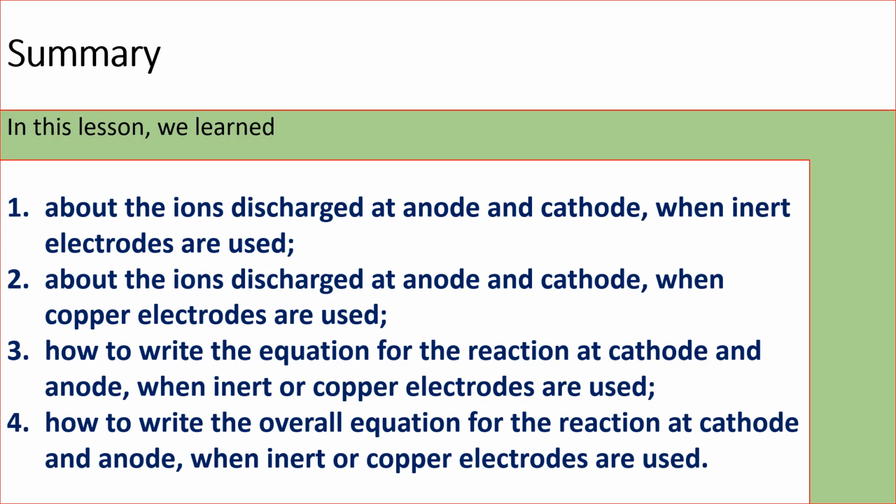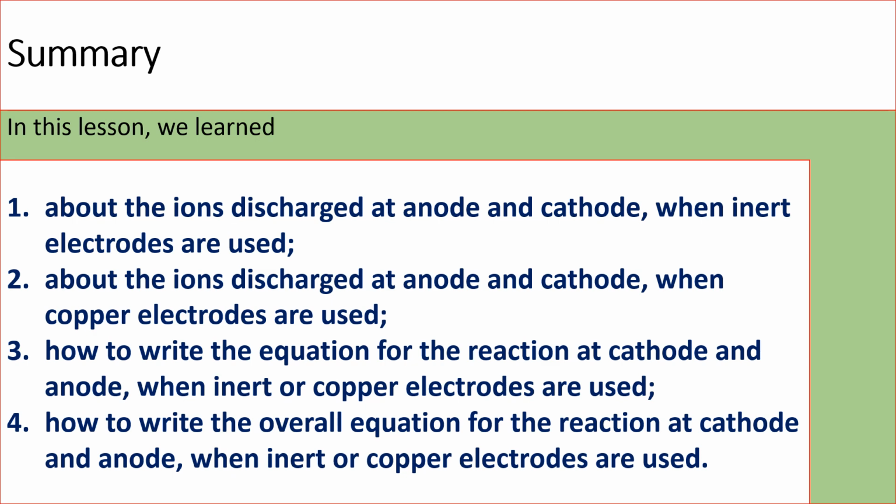Today in our lesson, we have learned about the ions discharged at the anode and at the cathode when inert electrodes are used for the electrolysis of copper 2 tetraoxosulfate 6. Also, we have learned about the ions discharged at the anode and at the cathode when copper electrodes are used in the electrolysis of copper 2 tetraoxosulfate 6 solution.